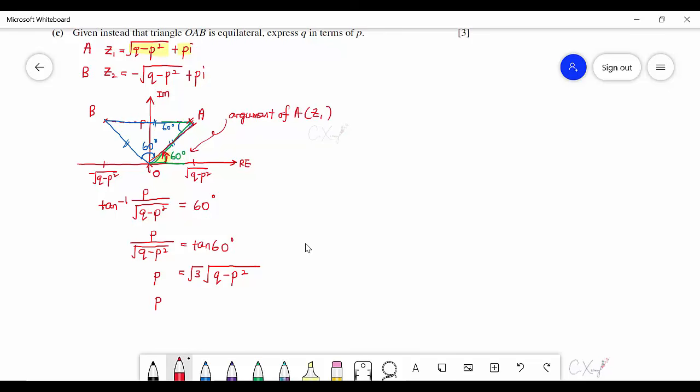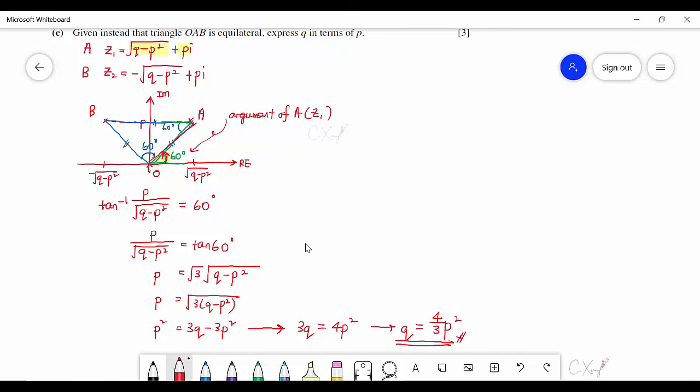Then I can combine these two surds together, and eventually I can square the P here. Then I'm having 3Q minus 3P squared. Very easily you can get 3Q equals 4P squared, and finally what you get is Q equals 4 over 3 P squared.